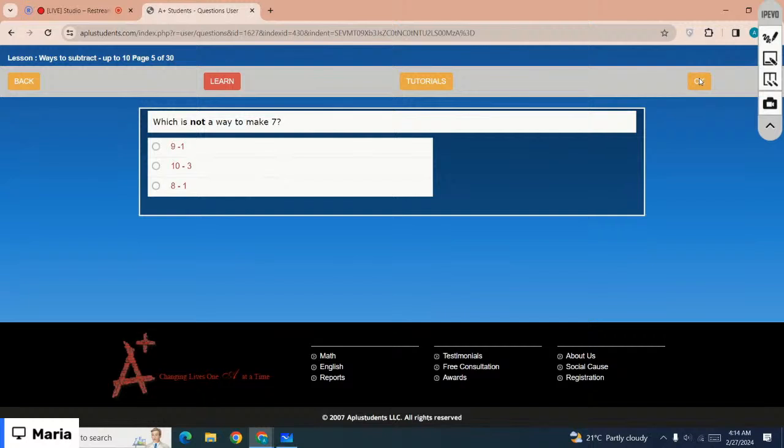So which is the correct option? You don't have to make 7, right? So the correct option is 9 minus 1, because you don't have to make 7. The other 2 make 7, right? Option number 1 is the correct option.